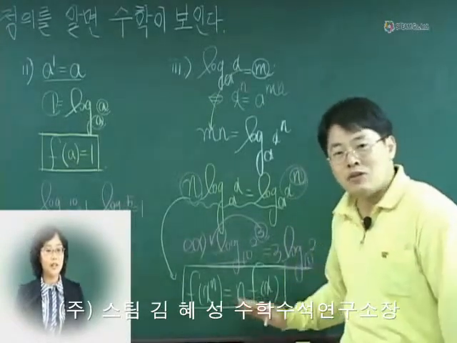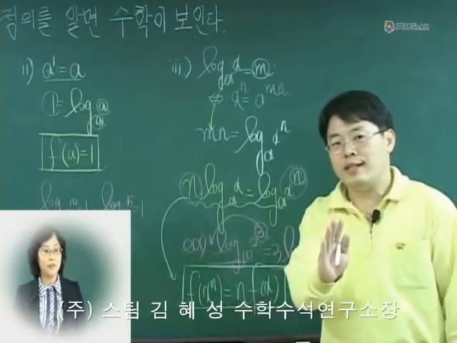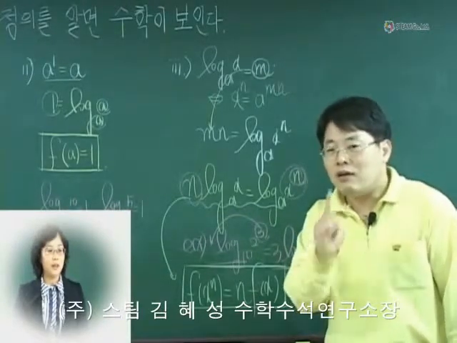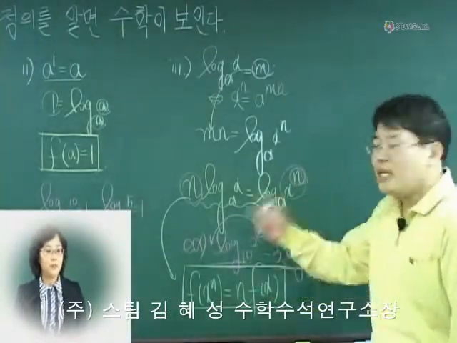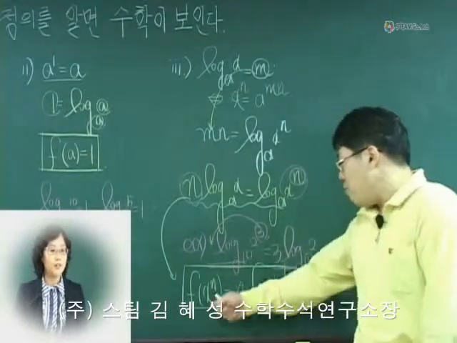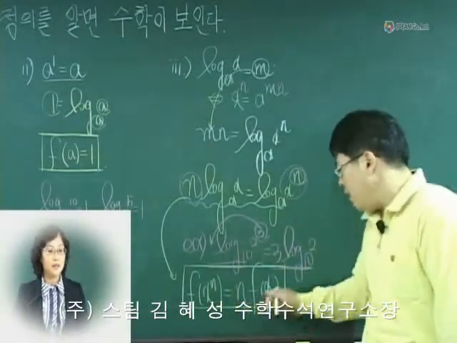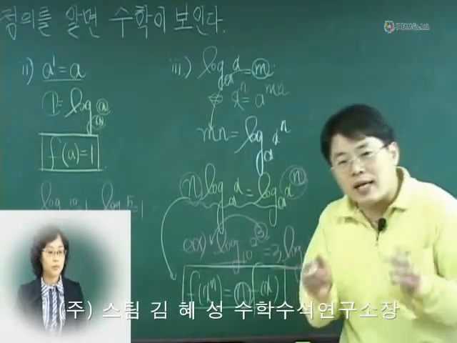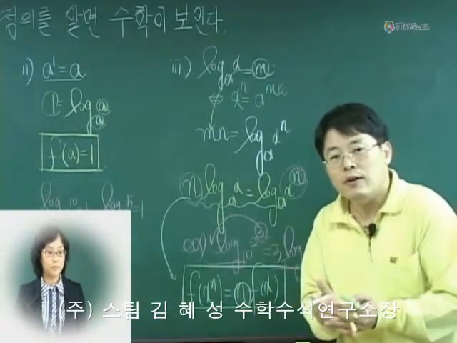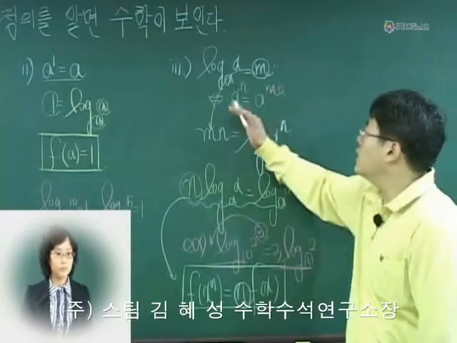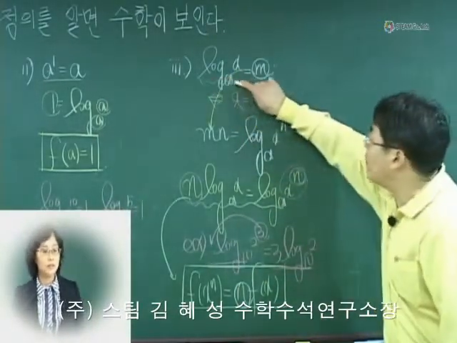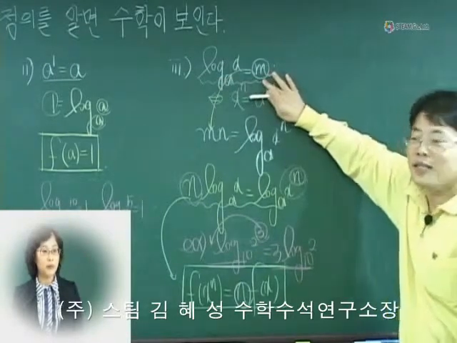We have already learned 3 kinds of properties: f of a equals 1, f of x to the n power equals n f of x. How many relations are there? Why don't we expand more?